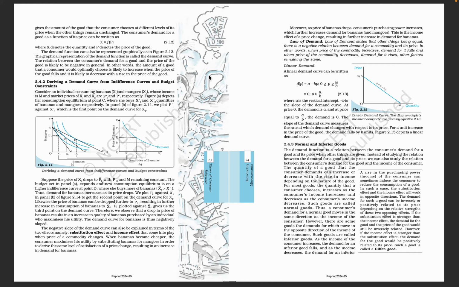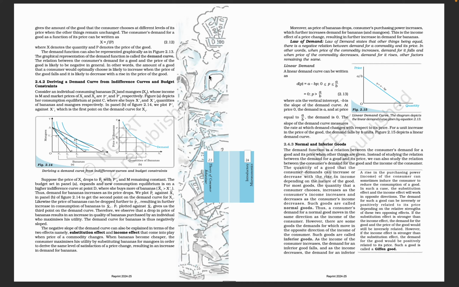Moreover, as the price of bananas drops, the consumer's purchasing power increases, which further increases demand for bananas. This is the income effect of a price change, resulting in a further increase in demand for bananas.